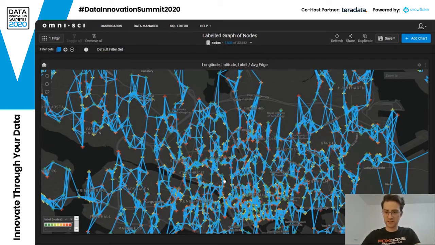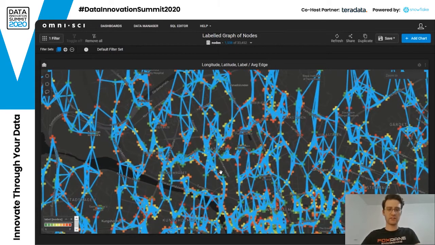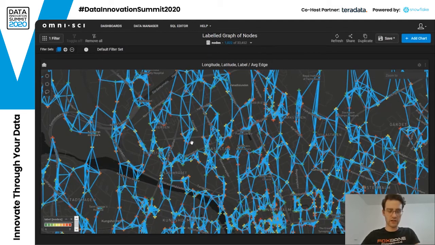In that dataset that we're looking at, we have actually some historical data about those specific KPIs. Over here, we're looking at a snapshot in time of that graph, and we can see that the nodes are now colored according to that KPI.